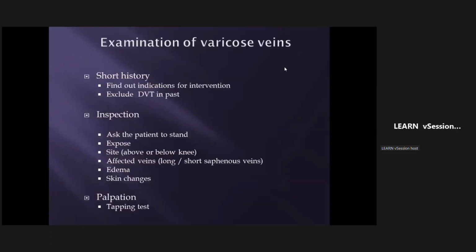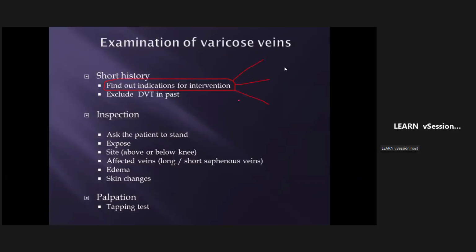Right. So history, I said short history. For your purpose, it's about the CEAP classification, and at the end of the examination the definitive question is, what are you going to do? To find out what intervention you are going to offer, you have to know certain things: the venous territory, the cause of the varicose vein, and what the patient wants.